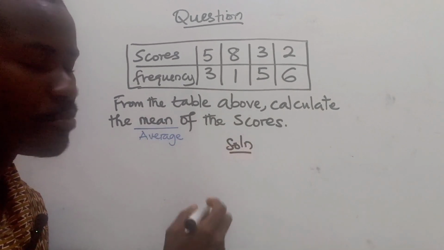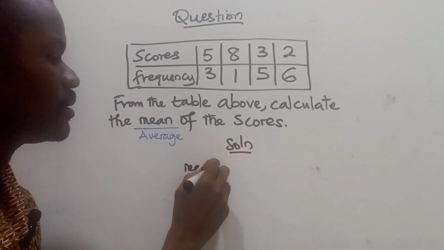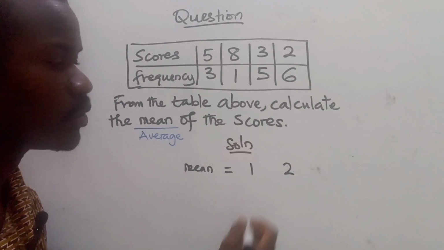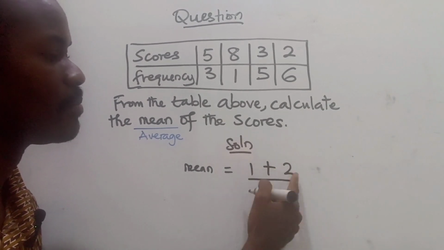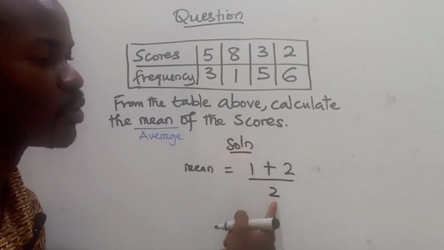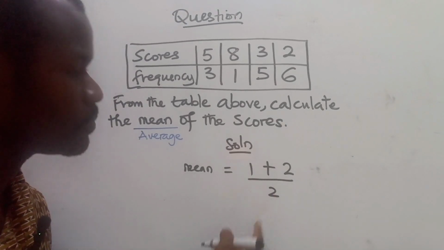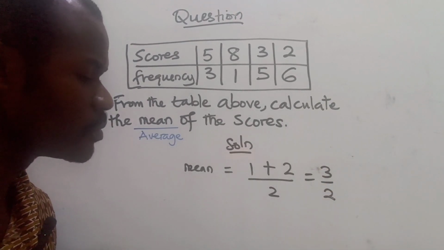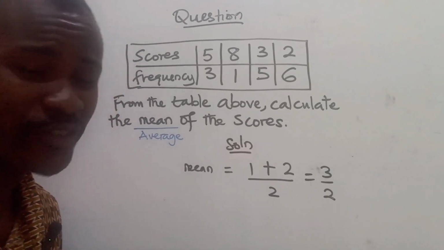So now the question is, how do we solve this? If you remember your mean, if I say the mean of 1 and 2, all we need to do is add them and divide by 2, since we have two numbers. This will give us 3 over 2. That is the basic idea of mean.